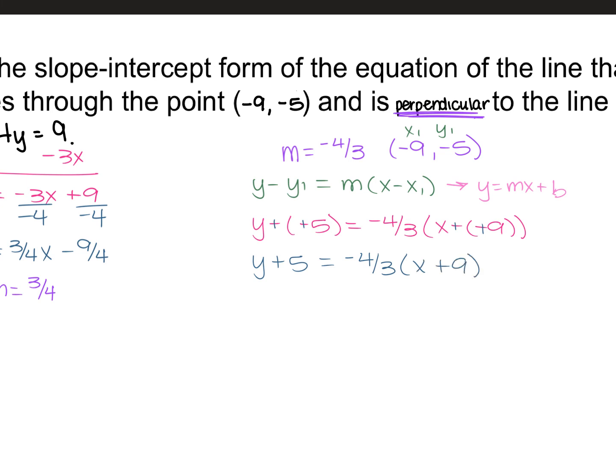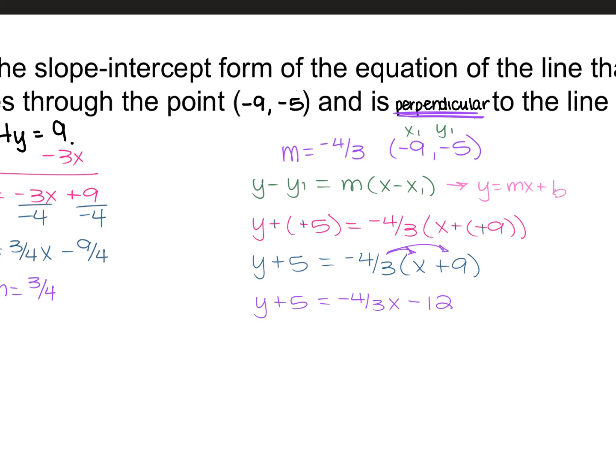Next step is to turn this into slope-intercept form, so we're going to solve it for y. Distribute the negative 4/3 first into the x plus 9. So multiply both of those terms by the negative 4/3. That's going to give you y plus 5 is equal to negative 4/3 x minus 4 times 9 is 36, divided by 3 is negative 12. You could also take the 3, turn it into a 1, make the 9 a 3, and just do 3 times negative 4.